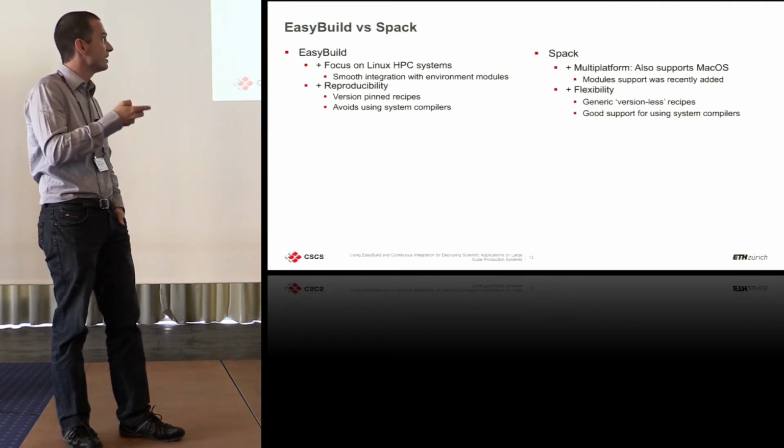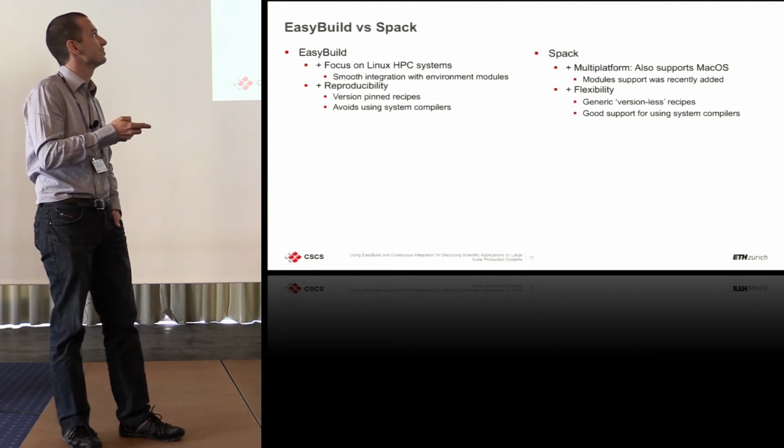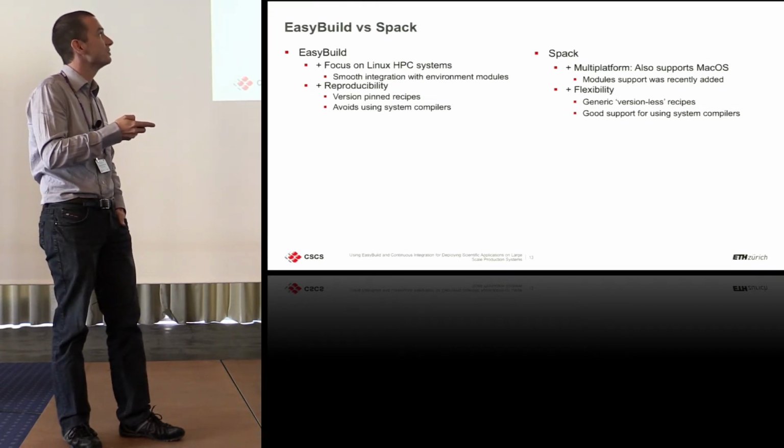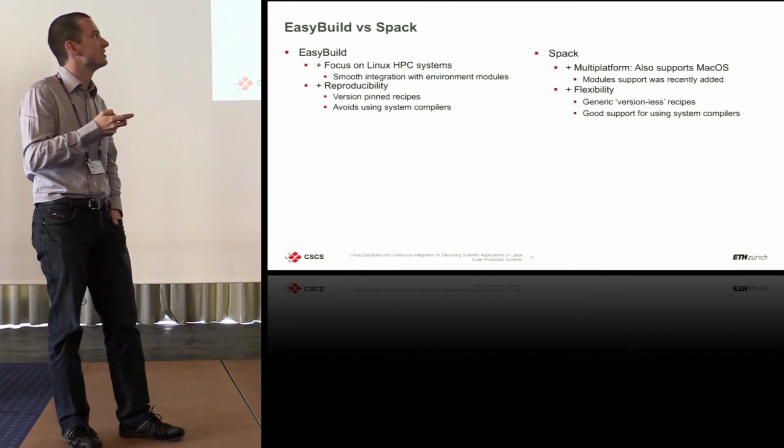While Spack gives you more flexibility, so you don't need to add versions to all of the builds. And the other thing that it is very good at is using the system compiler.